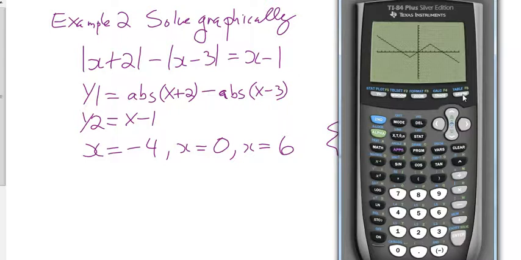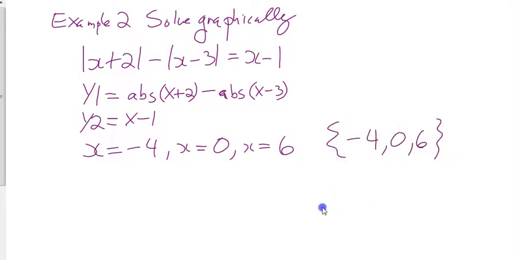And we can see them there. You might actually be able to see them out of the table as well, right? We're just looking for when is y 0, so 0, 6, -4, right? So if they're nice answers, like integer answers, then you can pull that information out of the table. You don't necessarily have to do the second calc intersect. If it says rounded to the nearest 10th or 100th, then you know you're pretty much looking at values which may be exact values and have to be solved as such.